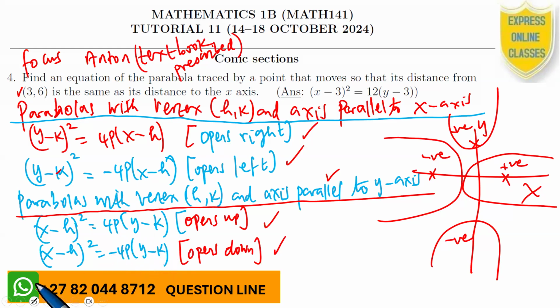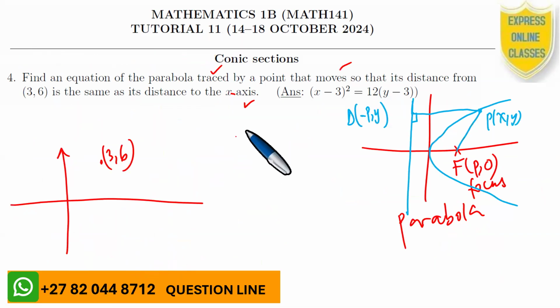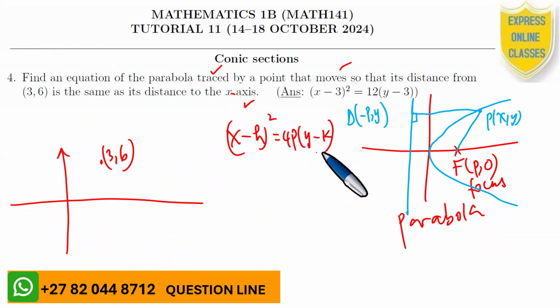So these are the things you think about. We suppose that it is (x minus h) squared equals 4p(y minus k). It's the formula that we can select.